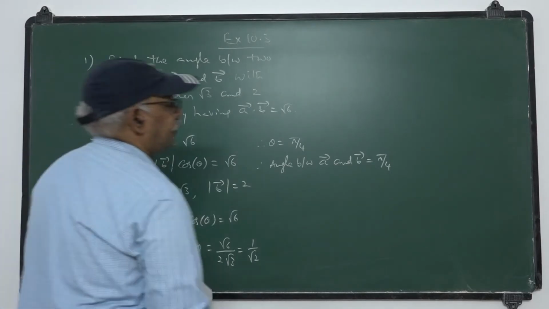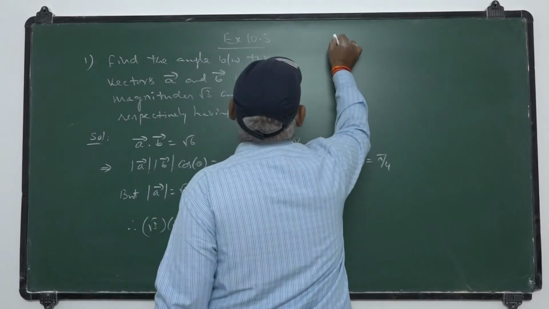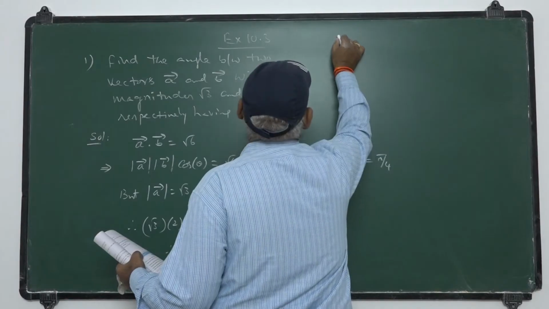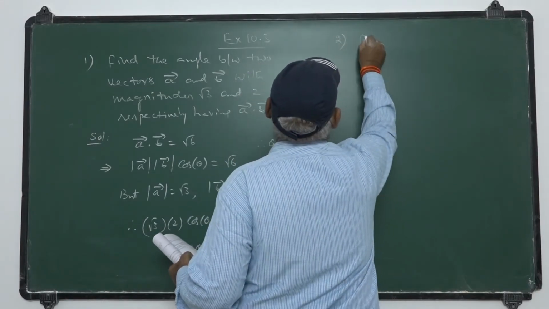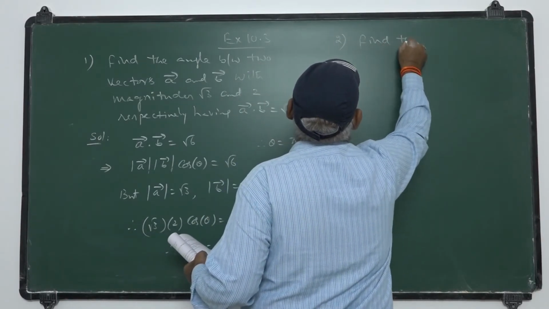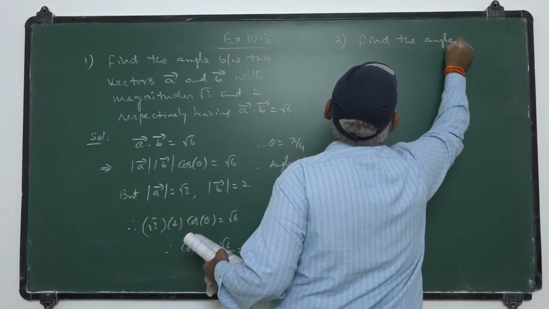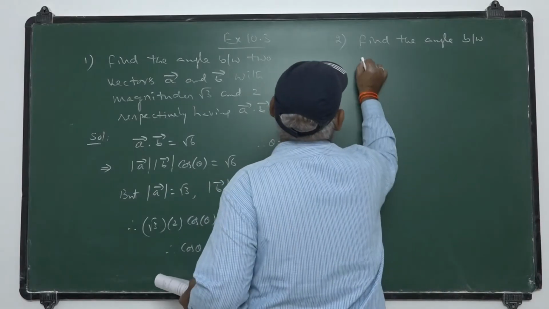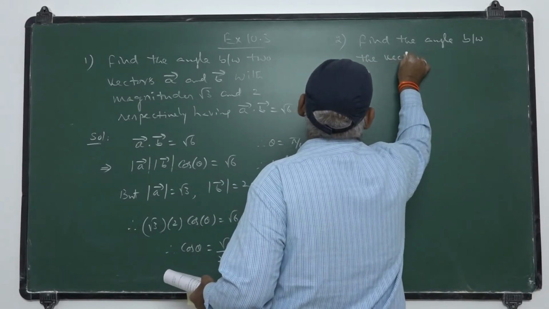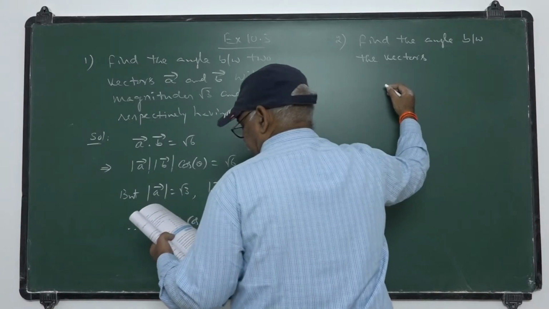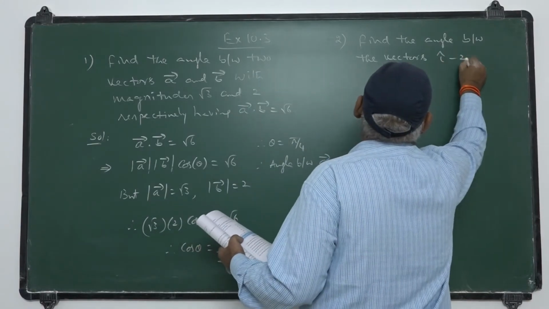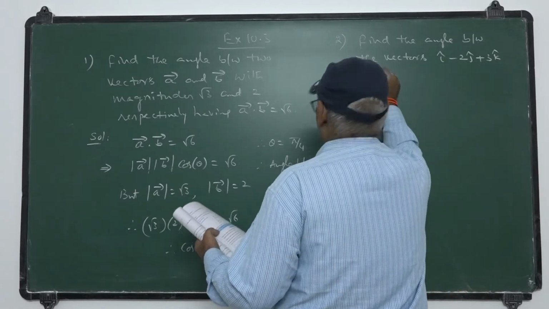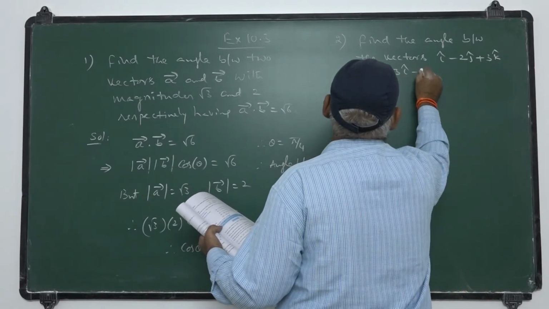Next problem. Second problem. Find the angle between the vectors i minus 2j plus 3k and 3i minus 2j plus k.